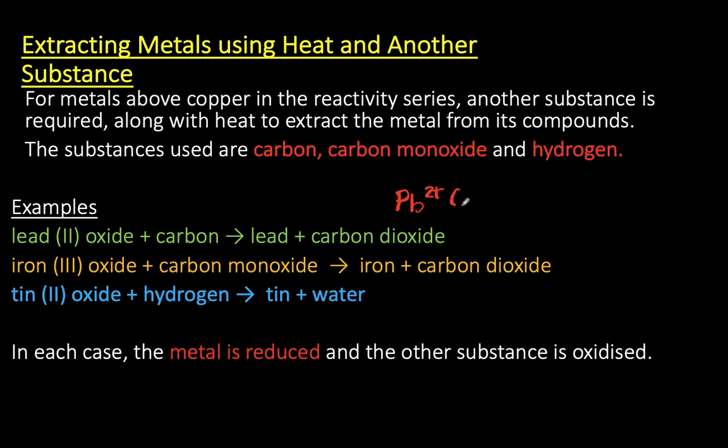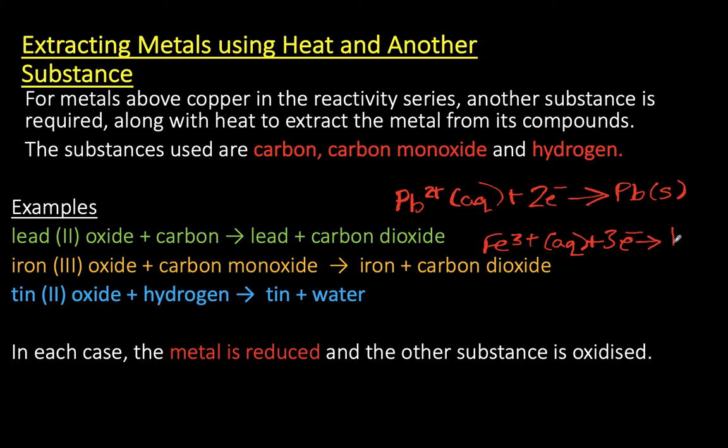Lead ions gain electrons to form lead atoms. The same goes for our iron ions in our second example. They gain electrons to form iron atoms.